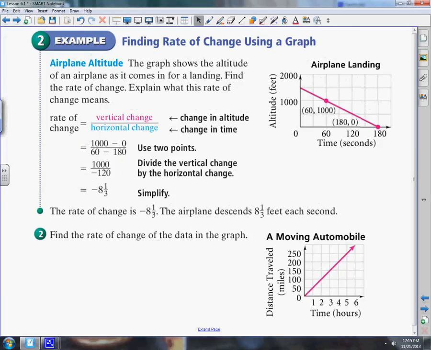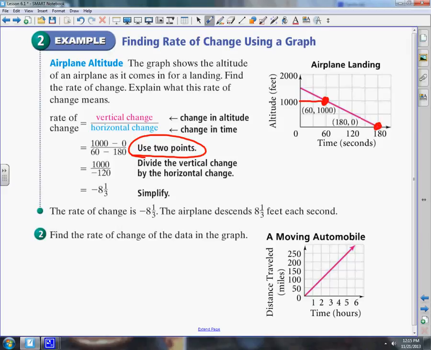So, finding the rate of change using a graph. The graph here shows the altitude of an airplane as it comes in for a landing. Find the rate of change. Explain what this rate of change means. What they do is the vertical change divided by the horizontal change. They used two points, this point right here and this point here.